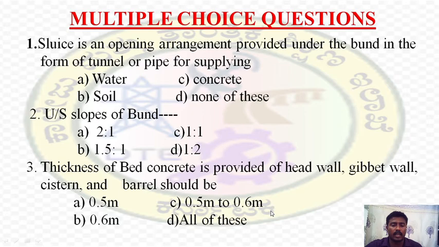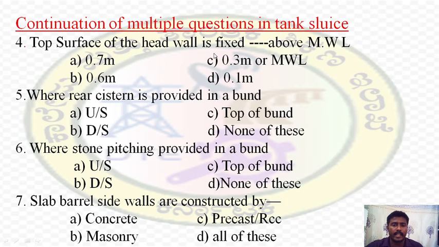So that is the fourth question. The top surface of edge wall is fixed dash above maximum water level. Option A 0.7 meter, option B 0.6 meter, option C 0.3 meter or MWL, option D 0.1 meter.